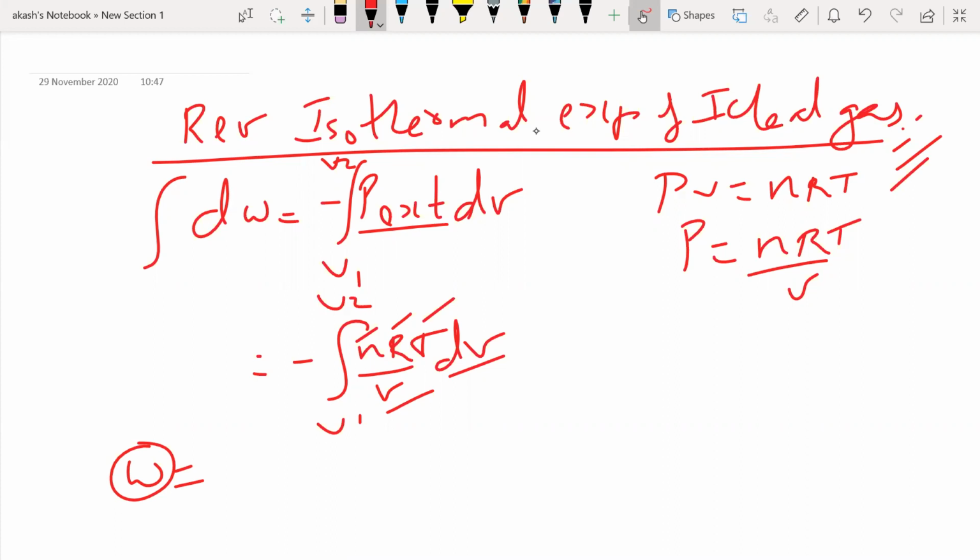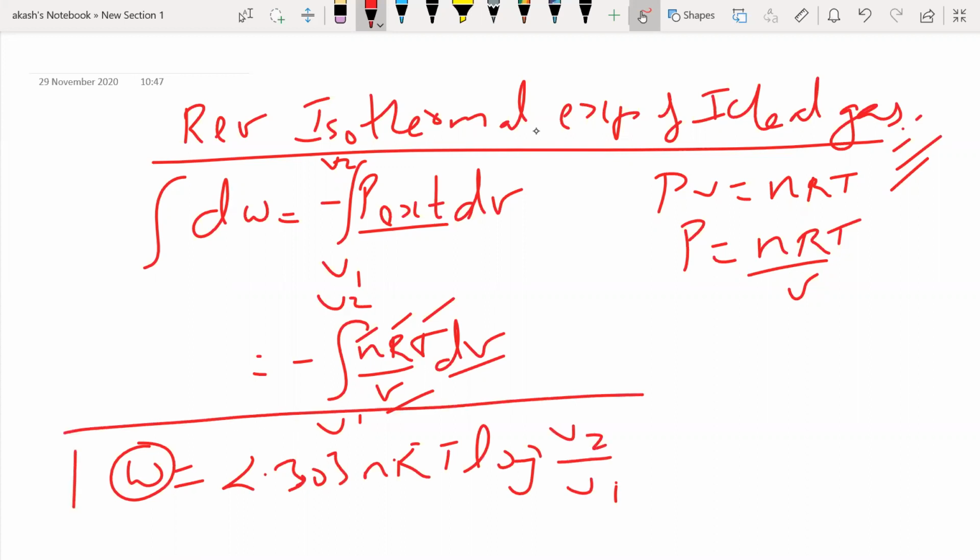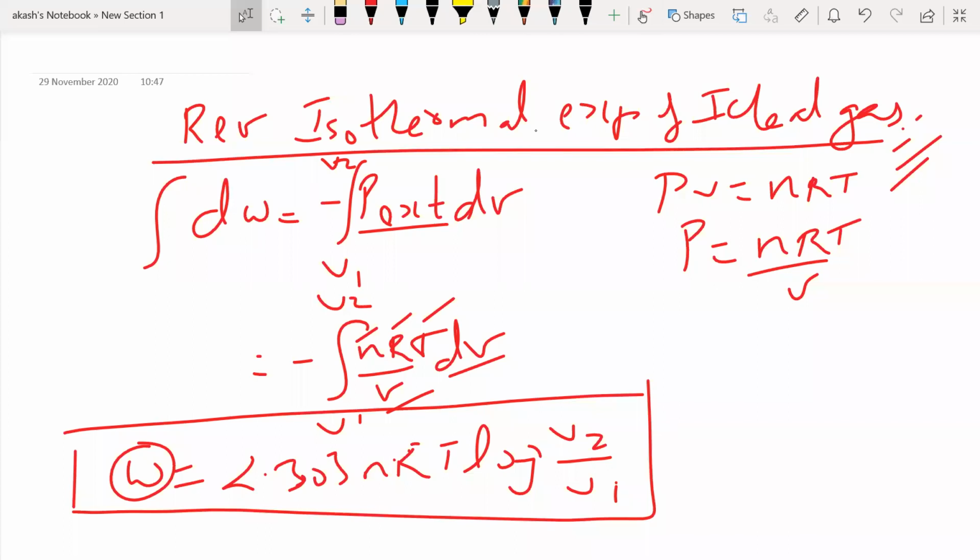So if you substitute all the limits and put the integral, you will get 2.303 nRT log of V2 by V1. This equation you will remember, right? It's 2.303 nRT log of V2 by V1.